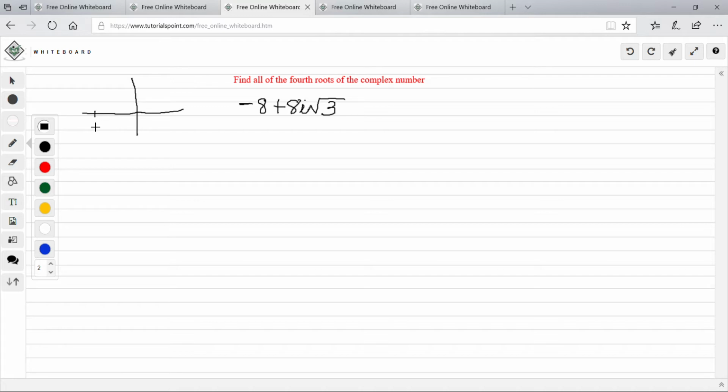So here's negative 8, and then 8 square root of 3. I'm just estimating, so let's say it's right here.